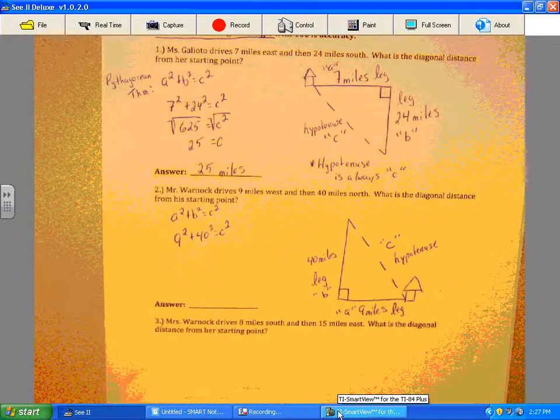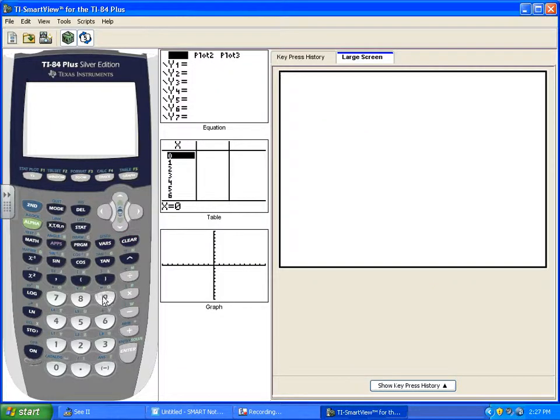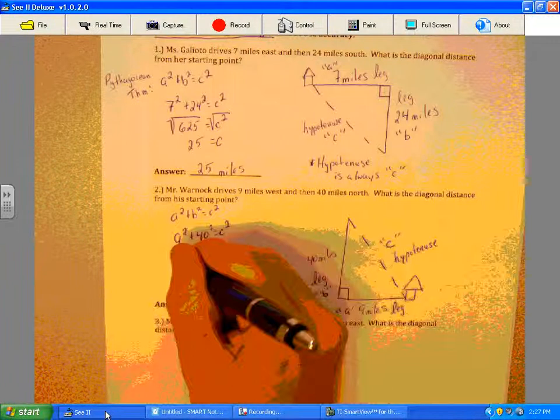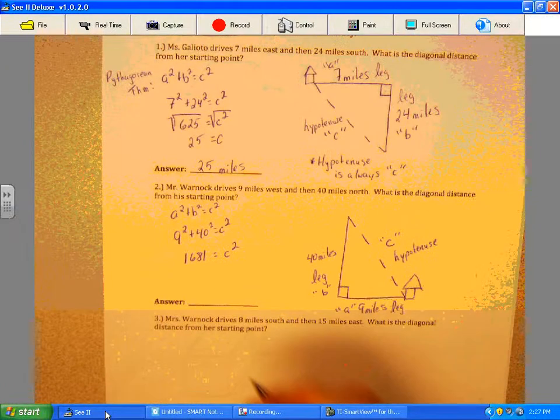Going back to the calculator, 9 squared plus 40 squared, that's 1,681. And then once again, we have to take the square root of that.